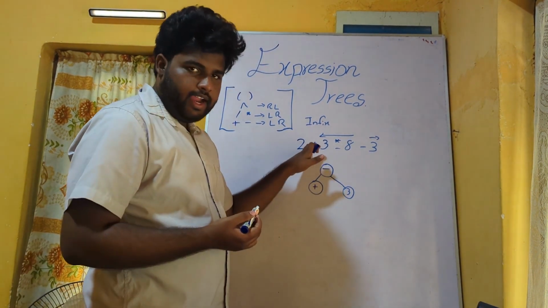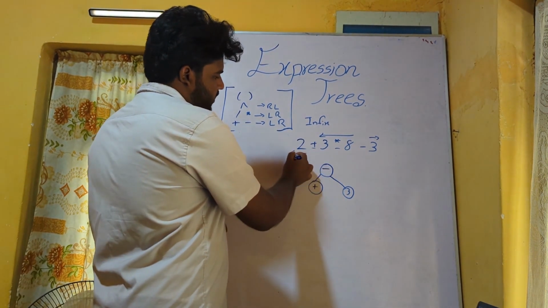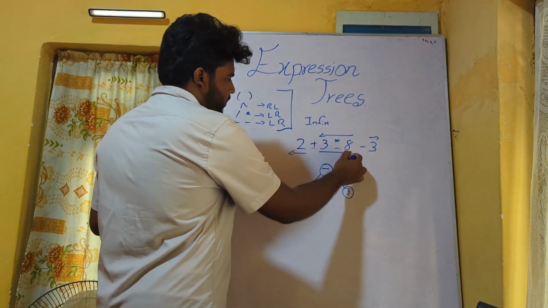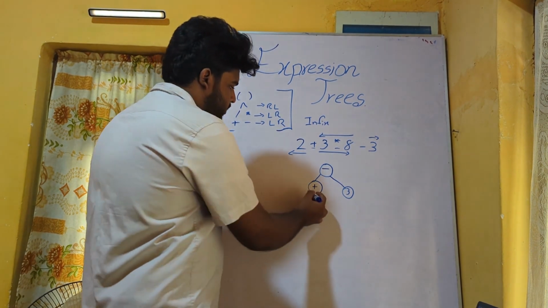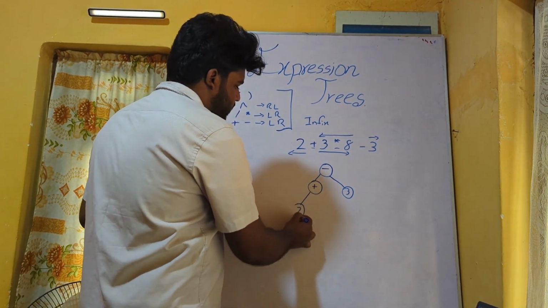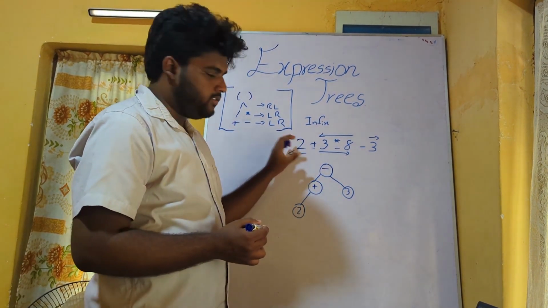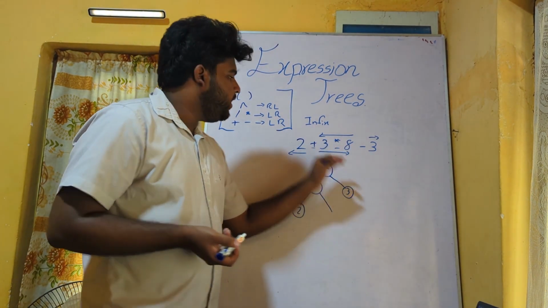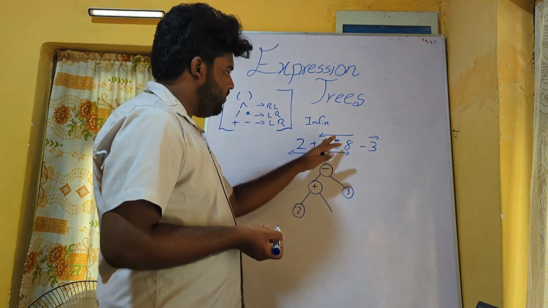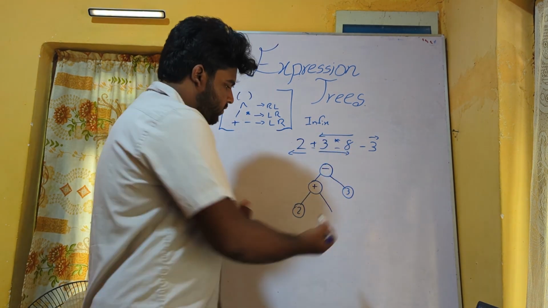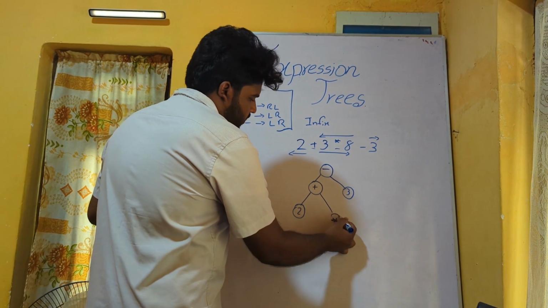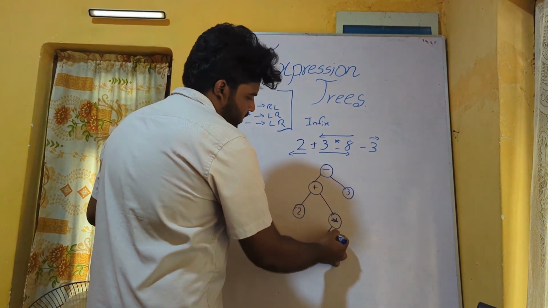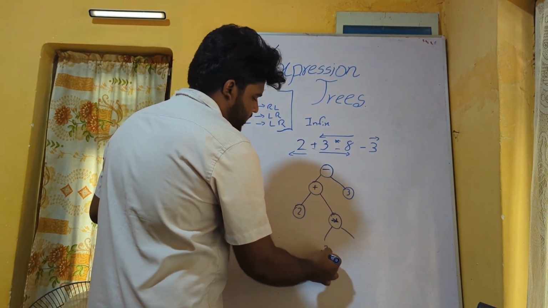And from that addition, this is going to be the left subtree, this is going to be the right subtree. So I can write the 2 since it is just a leaf, and then the right subtree, again an expression, but here we only have one operator, so we can simply write the operator and then the children.